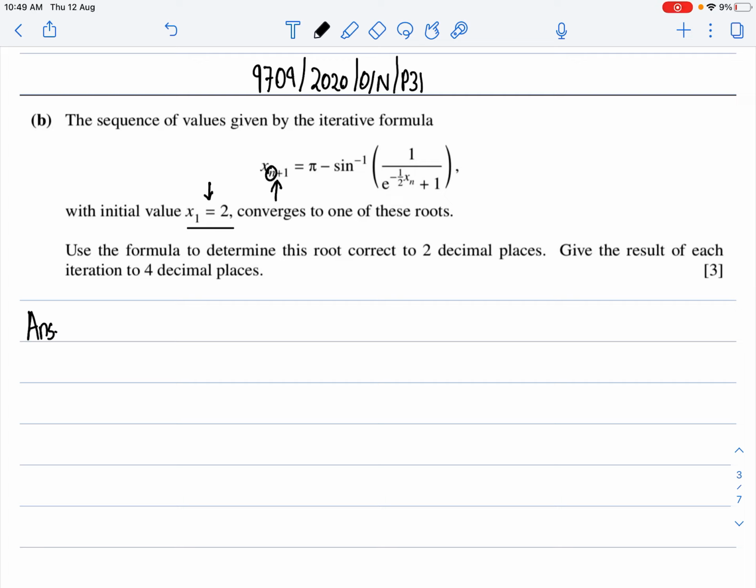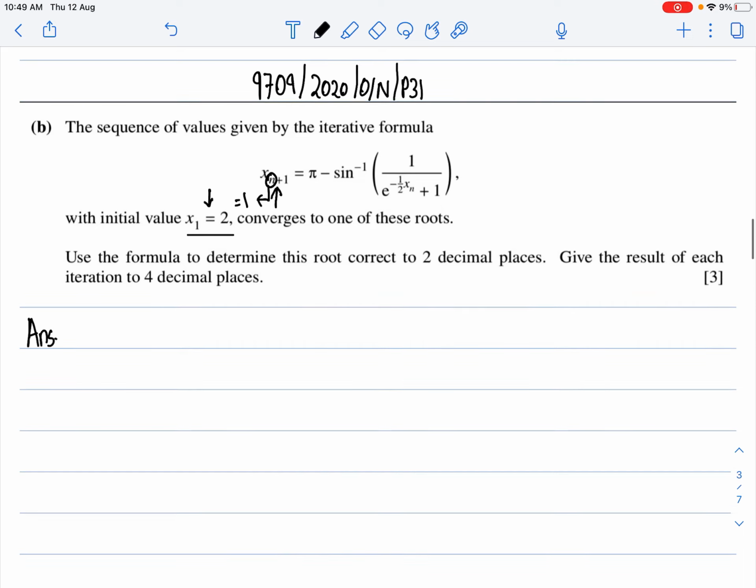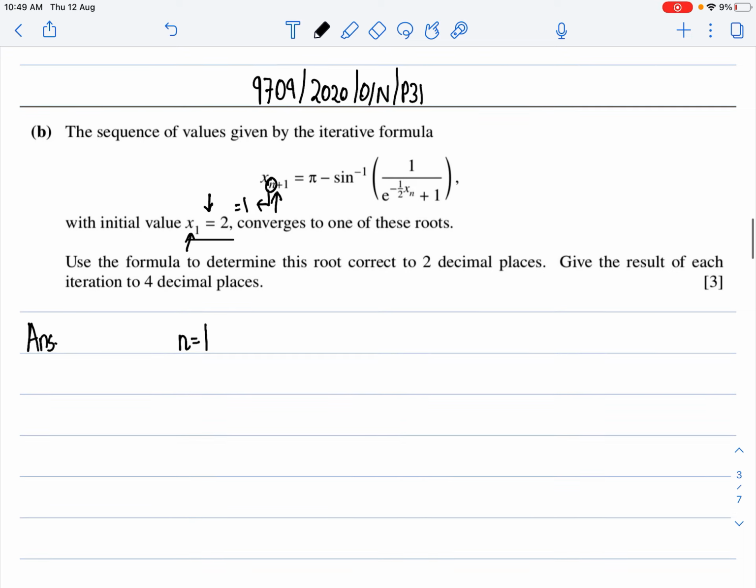My n is equal to 1, only because an initial value is given to me. Sometimes in some questions they don't give you that initial value, so you need to start from x1 itself. So you take your n as 0, but in this case you have your x1 value.